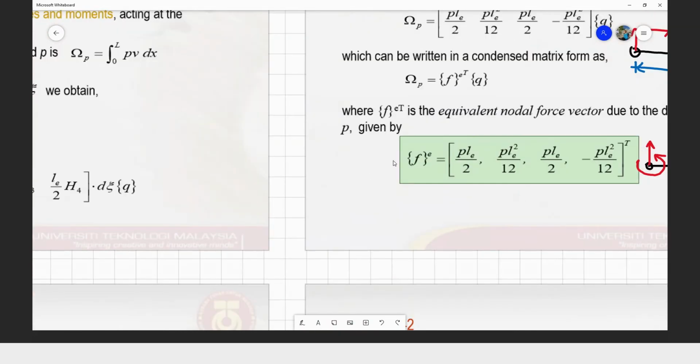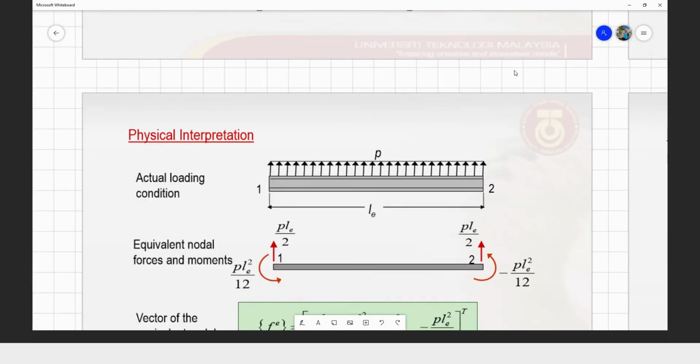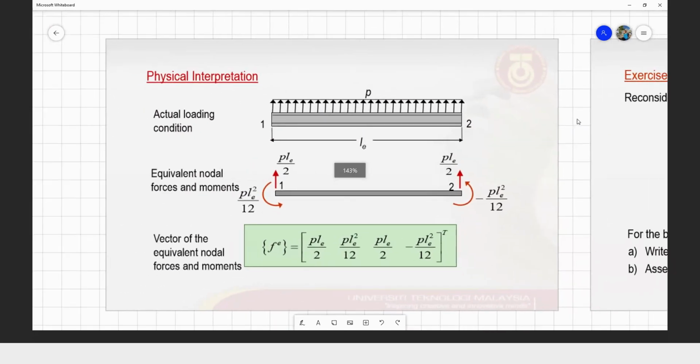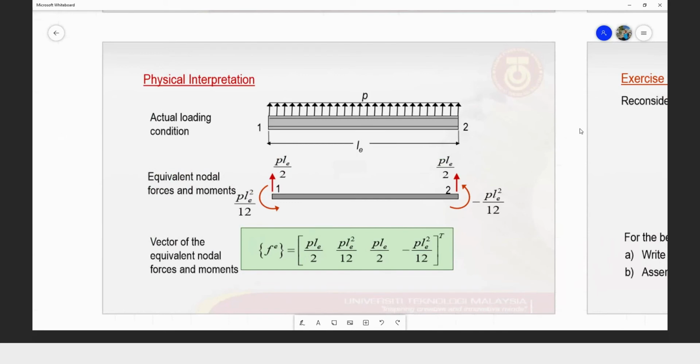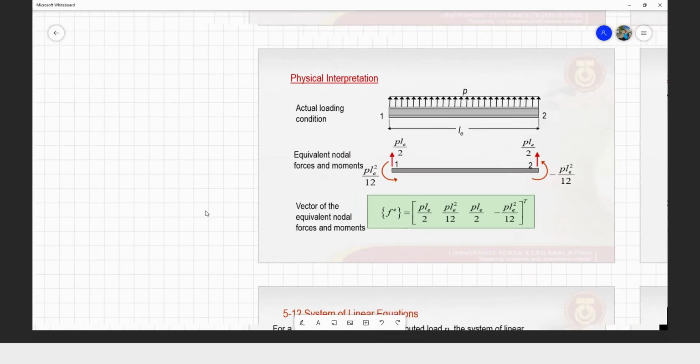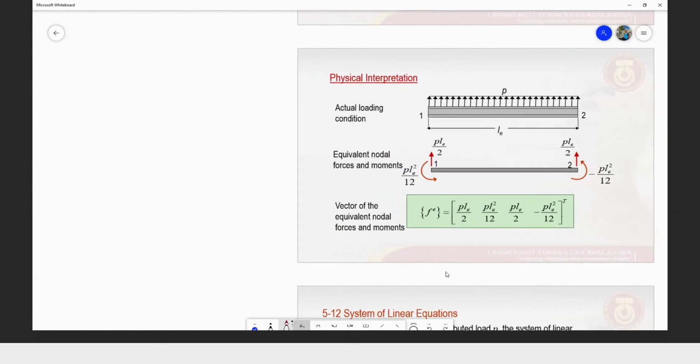Mula-mula kita kena faham secara fizikal apa yang berlaku pada kita punya structure. Dan baru kita boleh convertkan dia kepada equivalent nodal point dengan concentrated point dengan concentrated moments. So let's say our structures, kalau saya boleh lukis dekat tepi lah. Okay, we take this place.